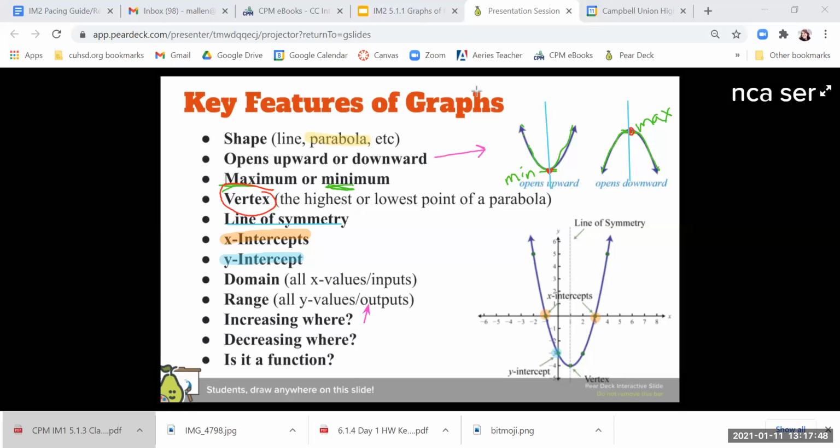So let me change my color for decreasing here. I think that it will make a nice contrast. So let's do decreasing in this color instead. I want you to see how in this graph, we read from left to right, always, just like with a sentence. If I start up on the top left of this graph and I just follow it, do you see how it's going downhill like this? That's decreasing.